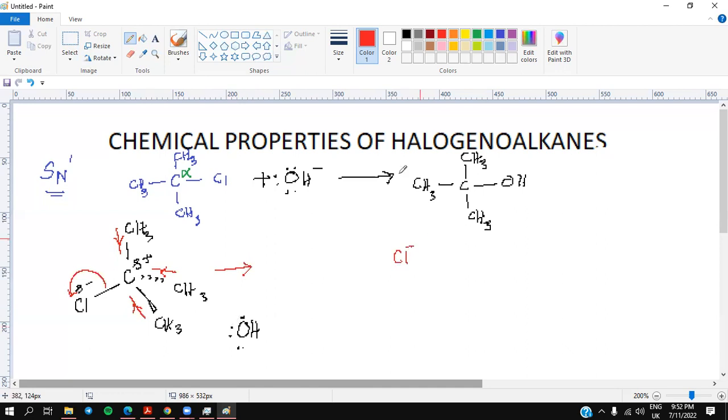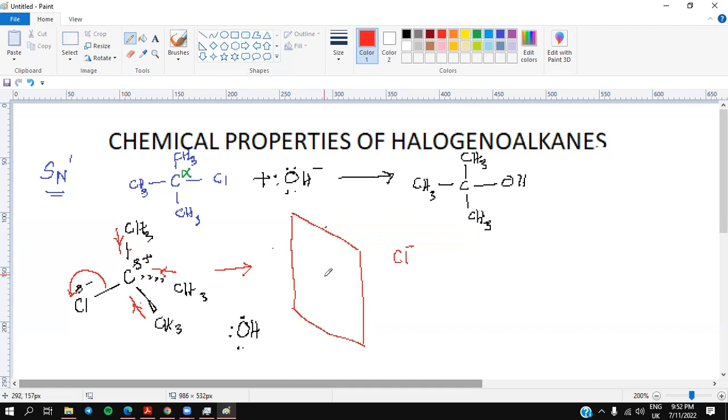When this chlorine goes out, carbon gets how many bonds? 1, 2, 3. Carbon has 3 bonds. So these 3 carbon bonds organize around the carbon atom in a planar geometry. I will just draw one single plane. It's easy to understand this concept if I draw the structure in this plane.